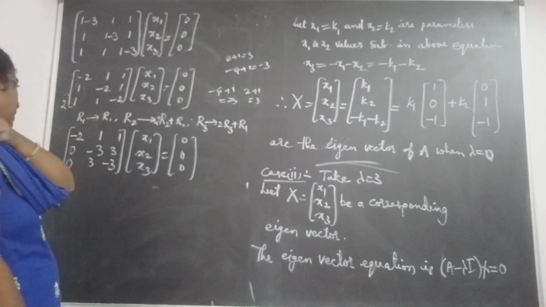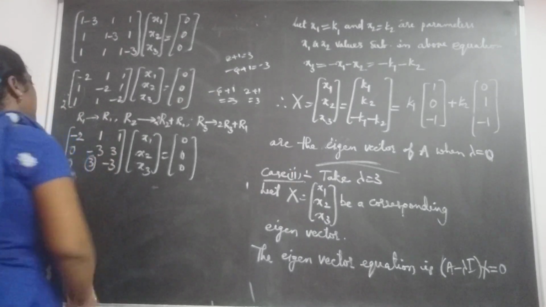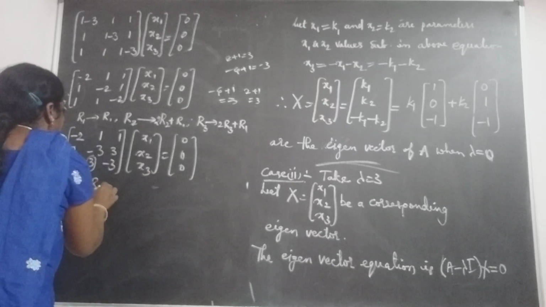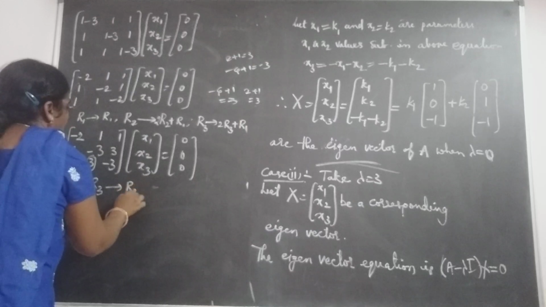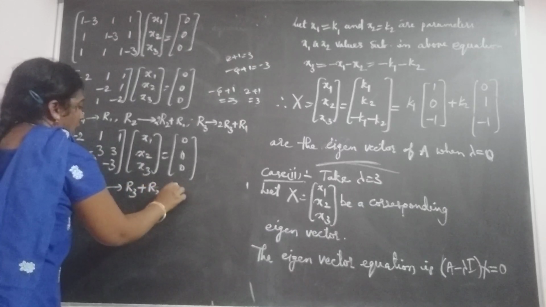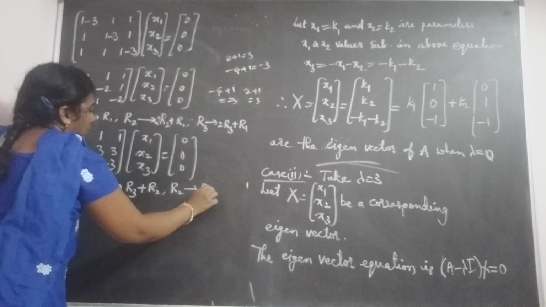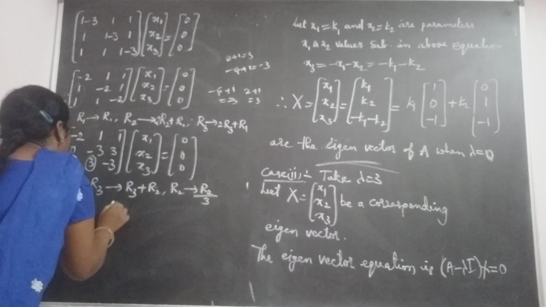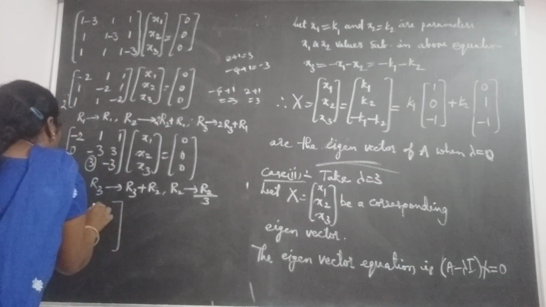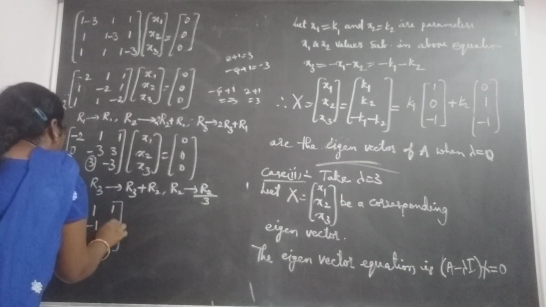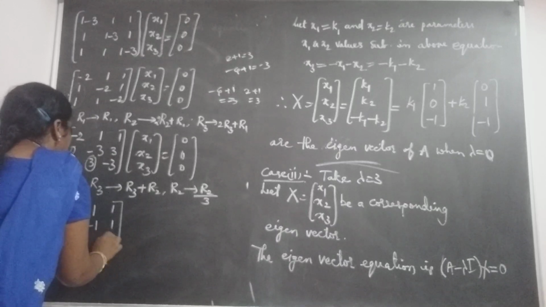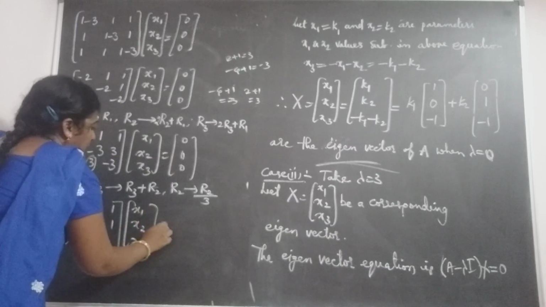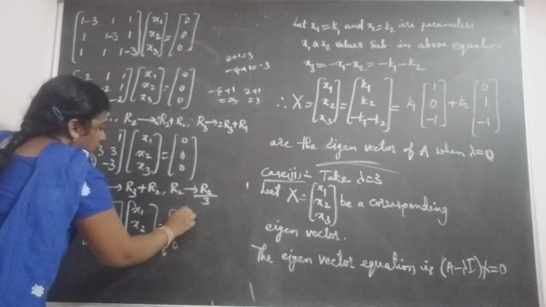Okay. Next, this element is reduced to 0, third row, second element. From this, R3 is R3 plus R2 and R2 is divided by 3. Then the A matrix becomes [minus 2, 1, 1; 0, minus 1, 1; 0, 0, 0] into x1, x2, x3 is equal to 0, 0, 0.